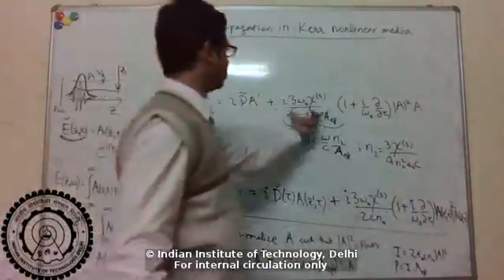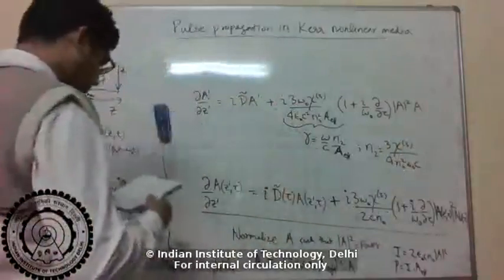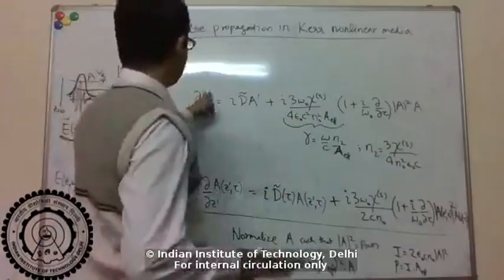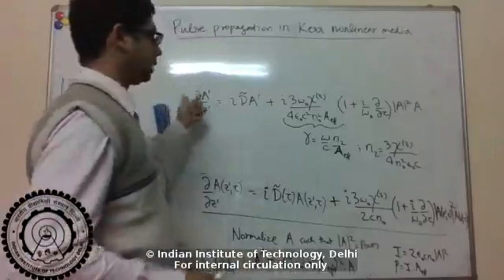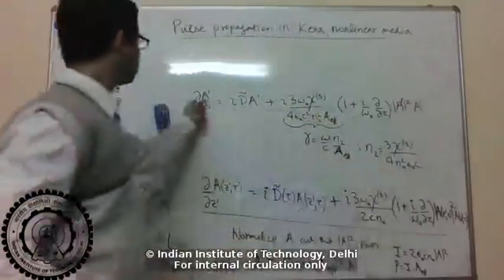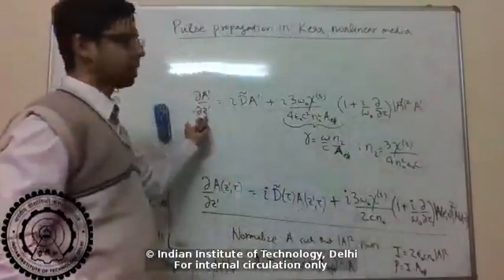So this just becomes the familiar gamma, the effective nonlinearity. And we can drop the primes and just say that we normalize such that mod A square is the power, and z prime was anyway z.